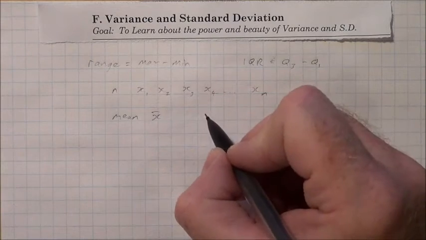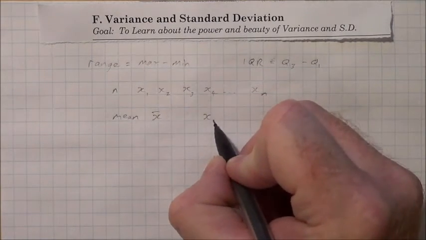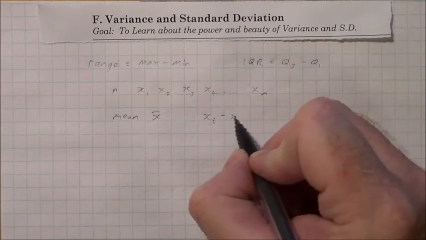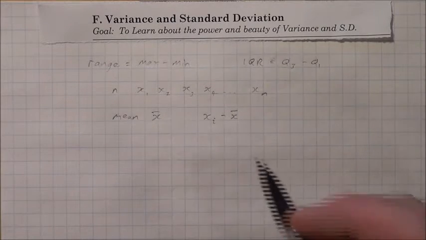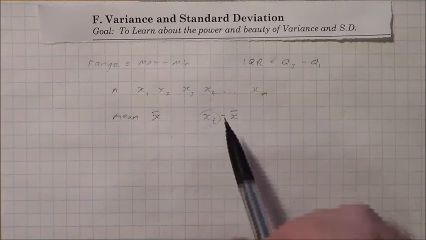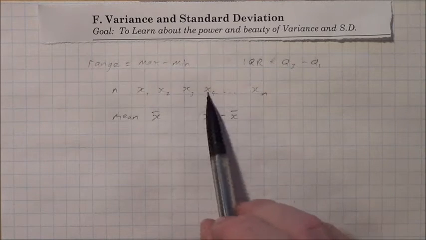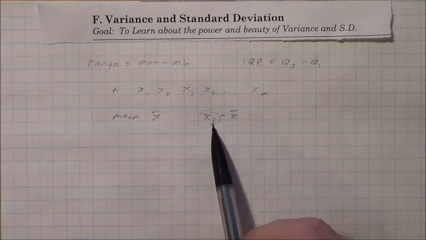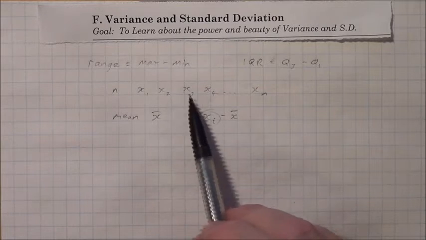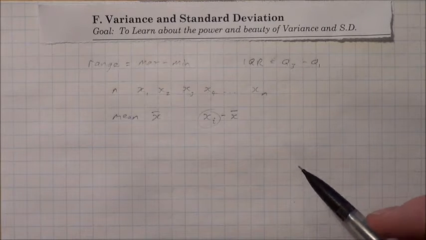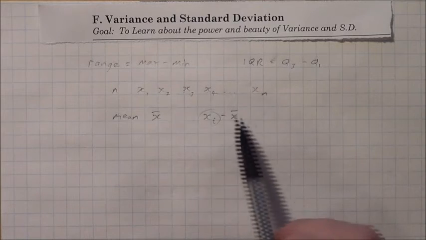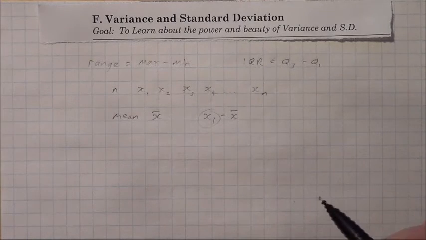If we were to take x sub i and subtract the mean from it, that would show us how far each individual data value, whether it's x1, x2, x3, etc., is from the mean. So it's the difference from the data value to the mean.